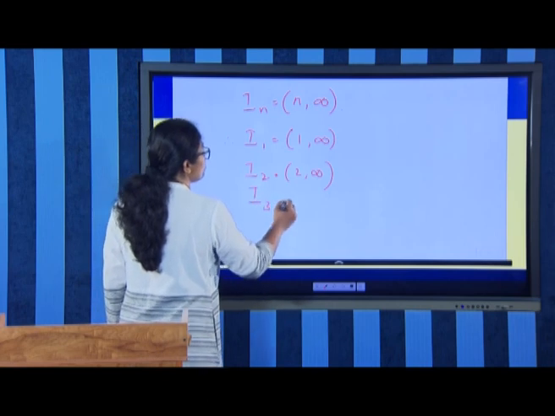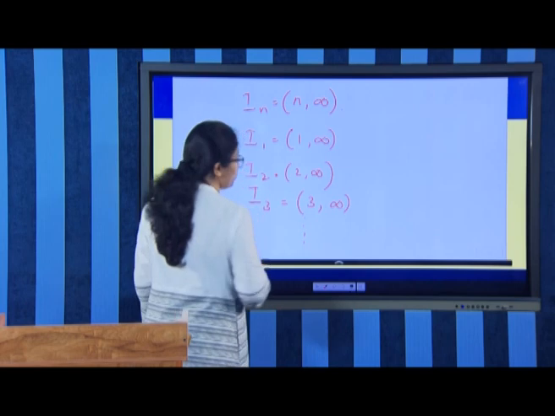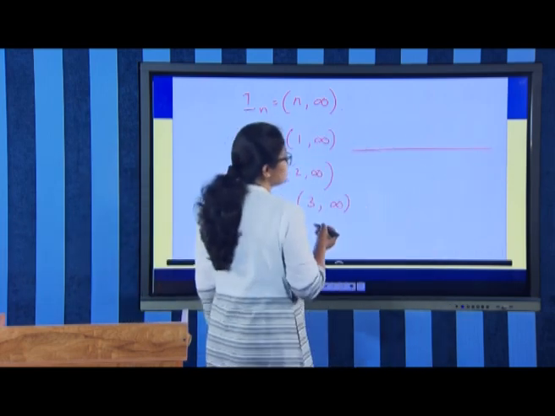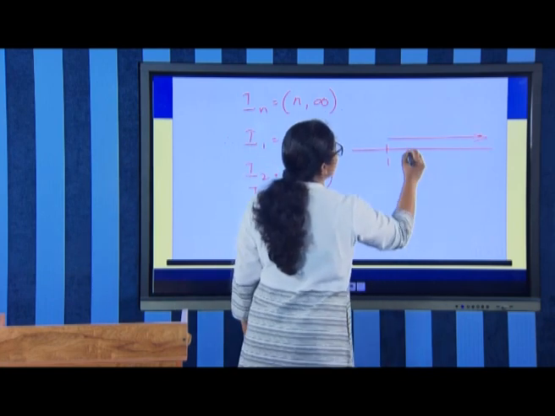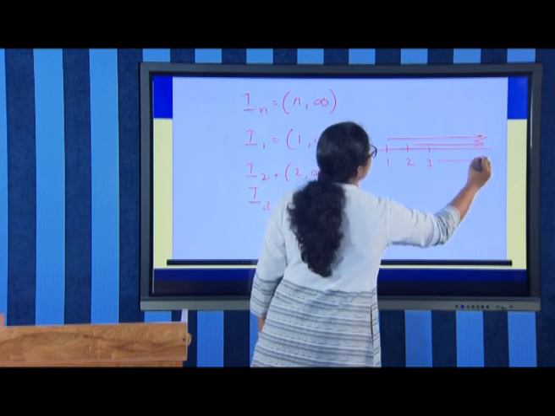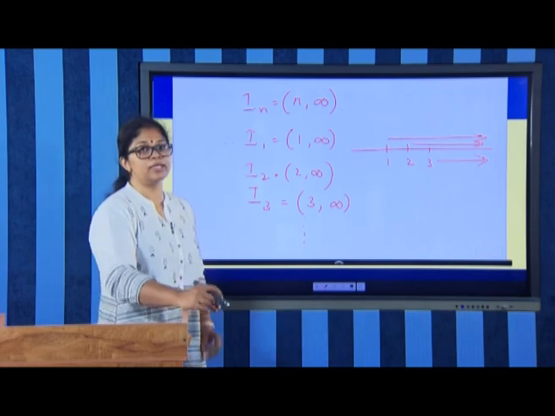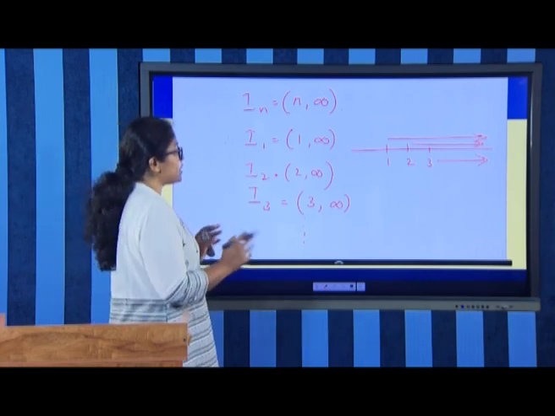I3 is equal to the open interval 3 to infinity, and so on. When we draw the pictorial representation, we can see 1 to infinity, then 2 to infinity, then 3 to infinity, and so on. When you take the intersection of all of these up to infinity, we get an empty set.